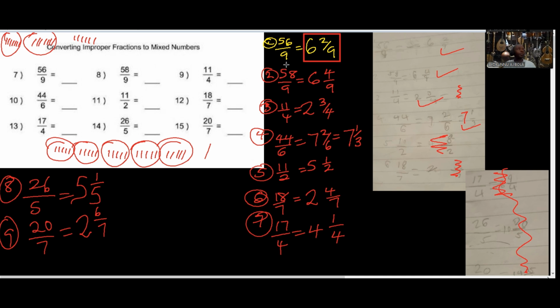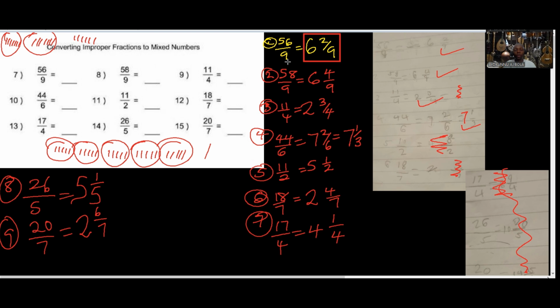So you check how many 9s go into 56, which is 6, and then the remainder 2 is 2 over 9. That's clear, right?